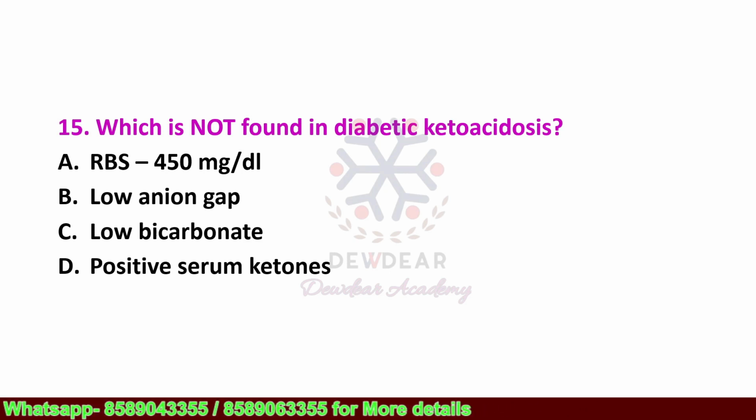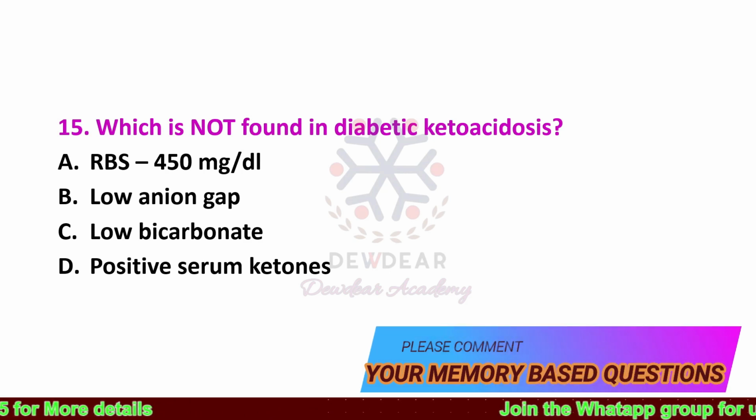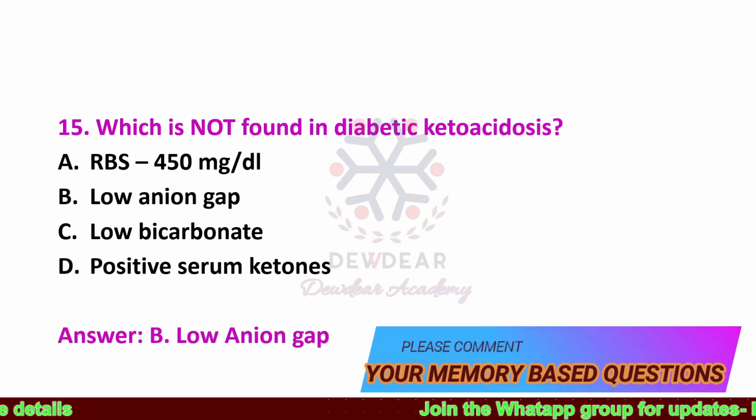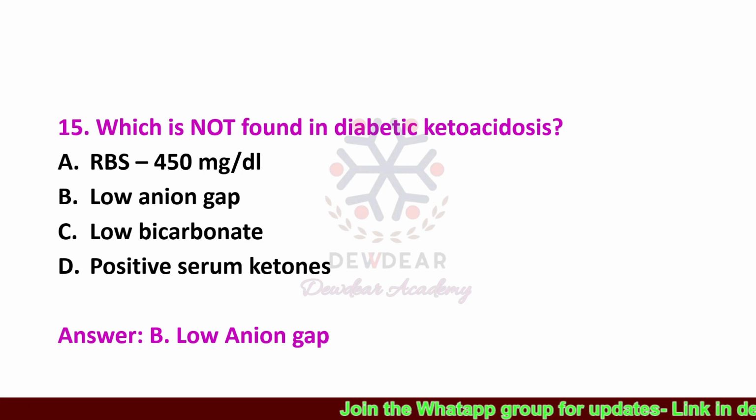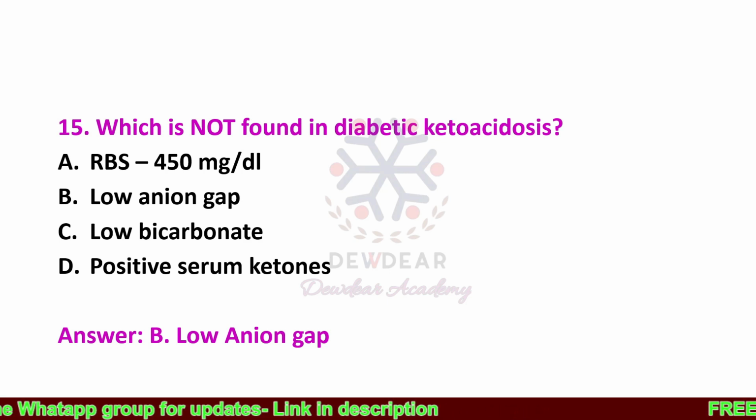So the question is which is not associated with diabetic ketoacidosis. Here the correct answer is option B, low anion gap. In case of diabetic ketoacidosis, the anion gap will be high.